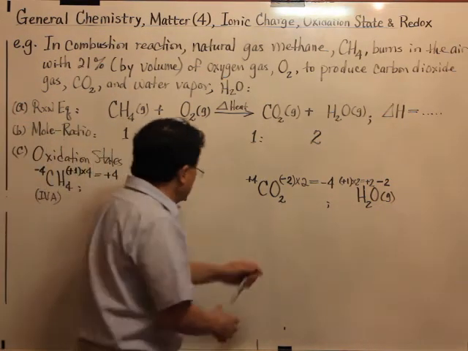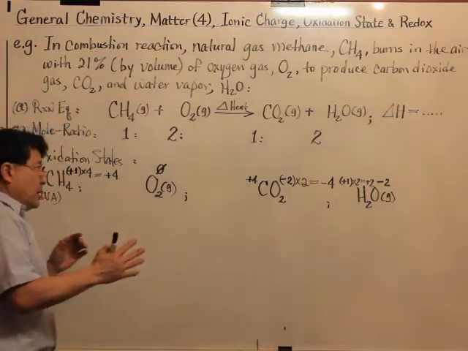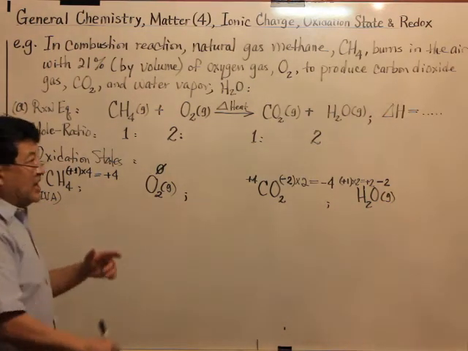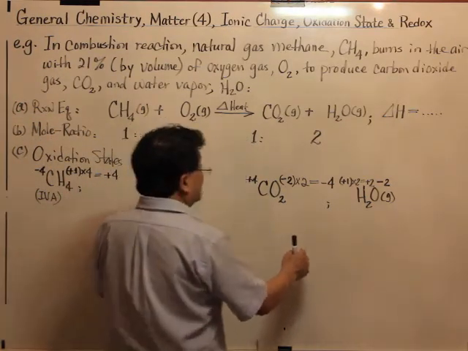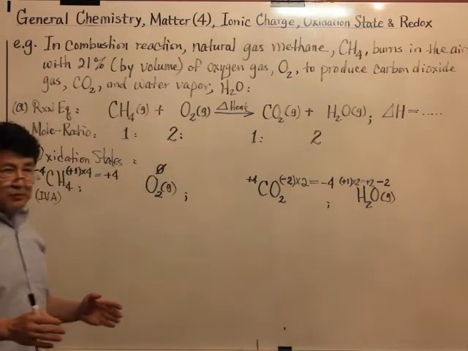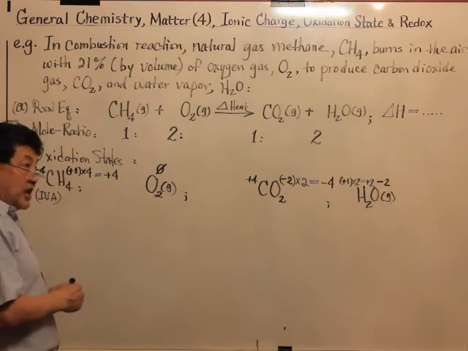The oxygen is no longer 0, it becomes -2. Apparently, the oxidation state has changed for these 2 elements. The hydrogen, from +1 to the end products also +1, so the hydrogen doesn't seem to be altered. Its oxidation state stays, right?